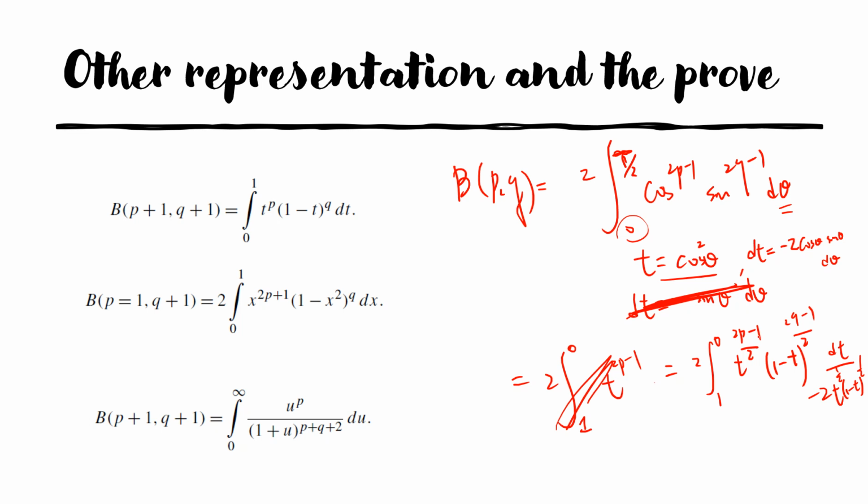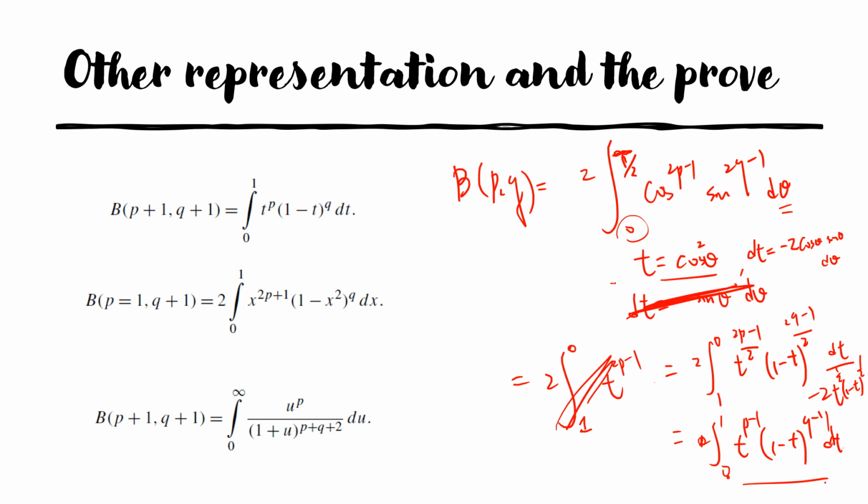You can see the factors cancel, and this gives you another minus 1. So finally you get the integral from 0 to 1 of t to the p minus 1 times 1 minus t to the q minus 1 dt.